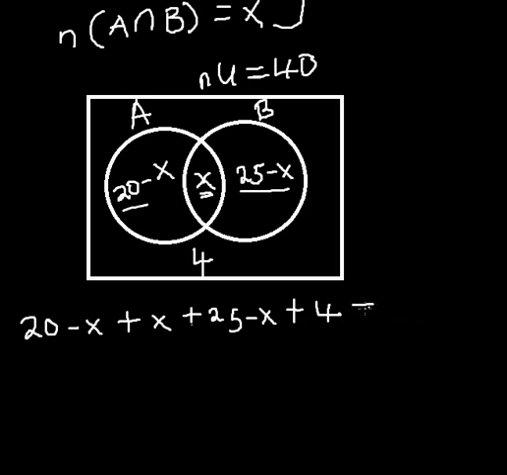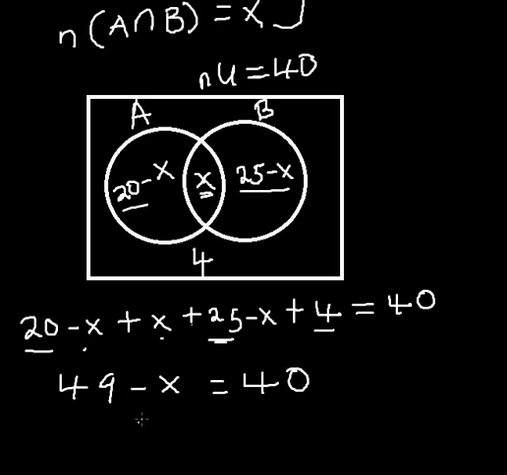Everything yields 40. So I collect like terms: 20 plus 25 plus 4 gives 49, if I'm not mistaken. Yes, 49. Minus X plus X is 0, then I have minus X left, so 49 minus X equals 40.